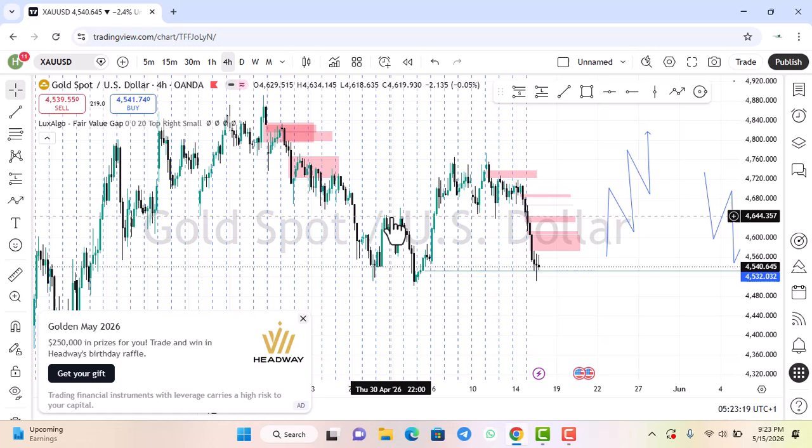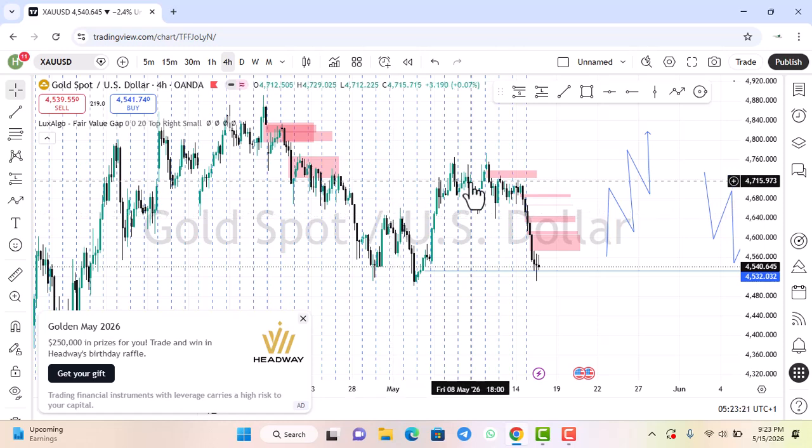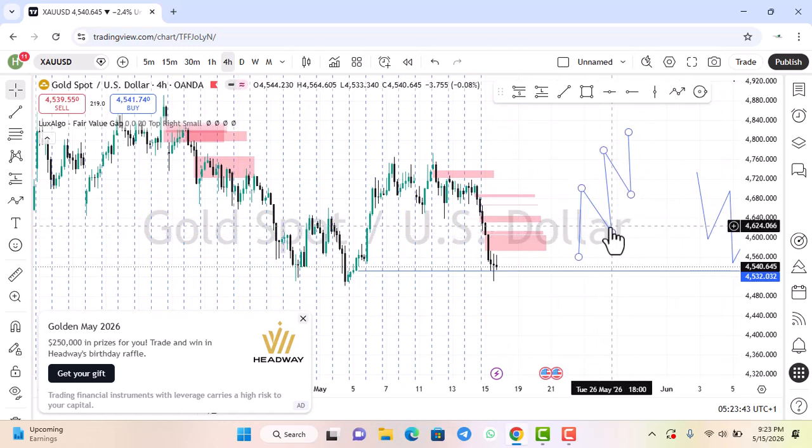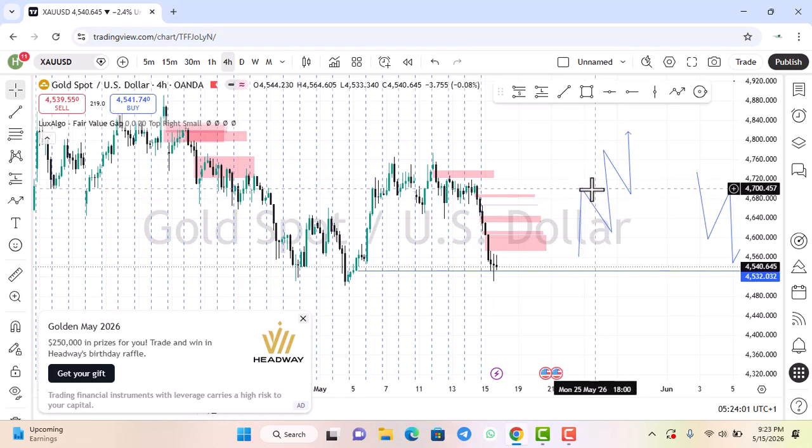So there are rules behind market structure, and the rule is that for a market to move from a higher low, which is this point here, right, to another higher high, which is this point here, it must break the previous higher high, right? It must break the previous higher high.